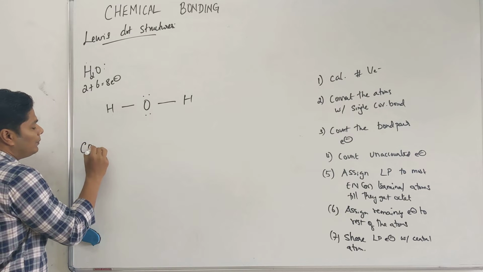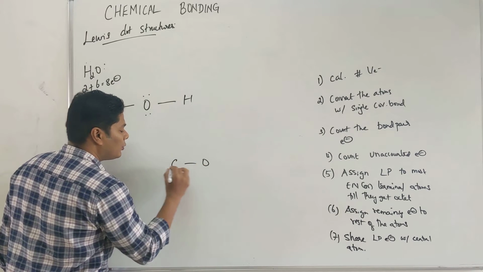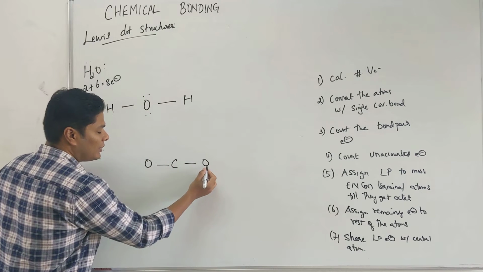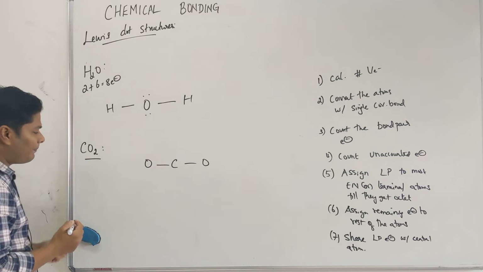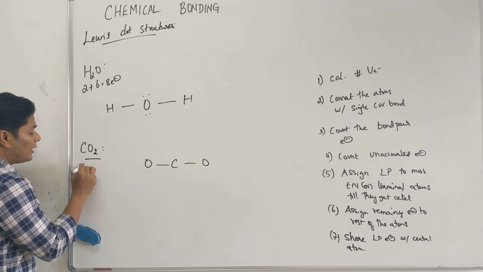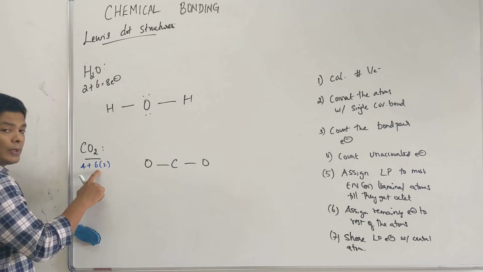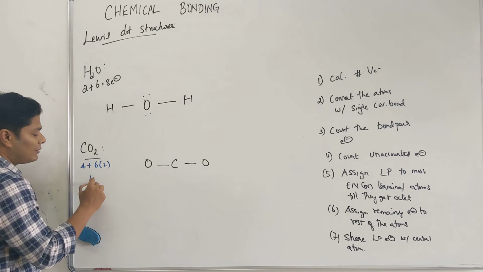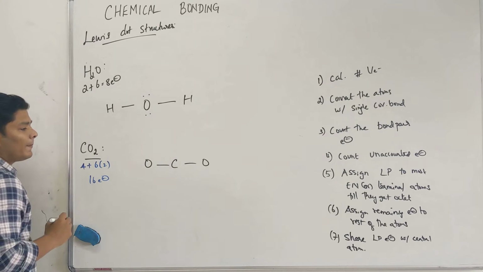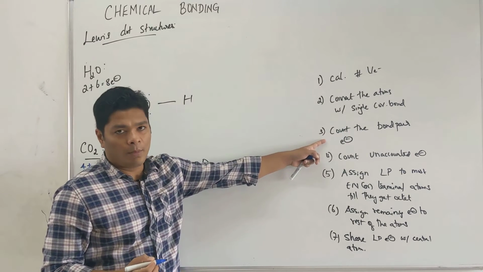Let's go for an example that is a little different. Let's go to CO2. Carbon is the central atom, bonded to one oxygen on one side, the other oxygen on the other side with a single bond. Carbon has 4 electrons, oxygen has 6 electrons each, so that's 16 electrons. 2 plus 2, 4 electrons are counted for bond pairs.